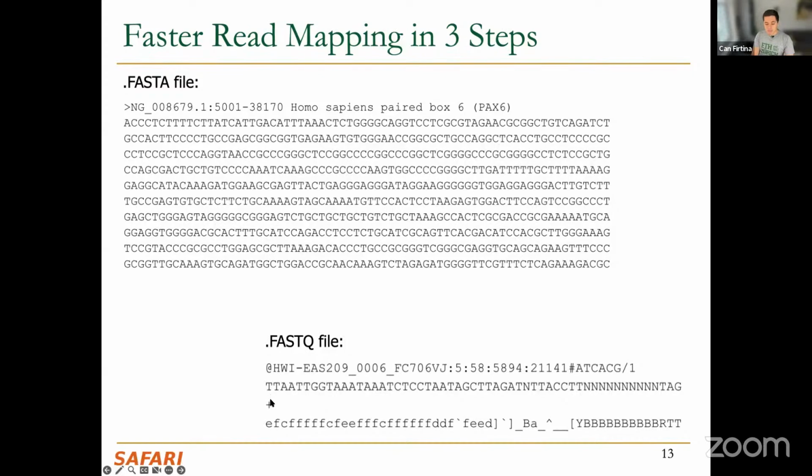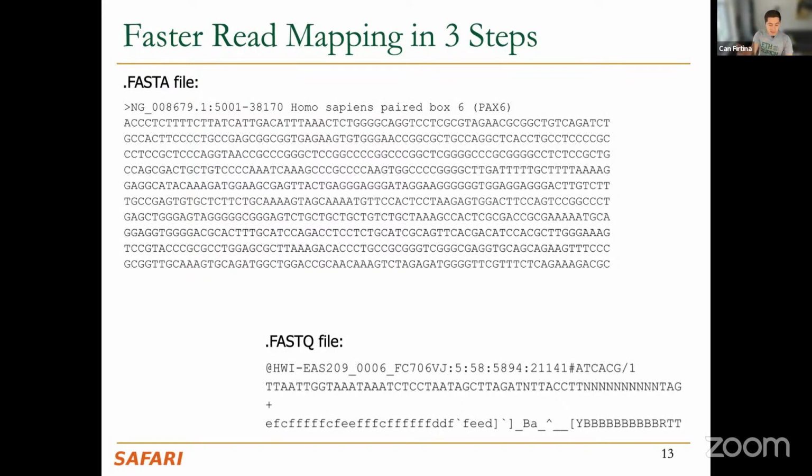So E, although I don't remember off the top of my head what the exact value for E was, but by looking at the corresponding values of these ASCII characters, you can see how accurate this base is. And these quality scores are usually assigned by the base callers.